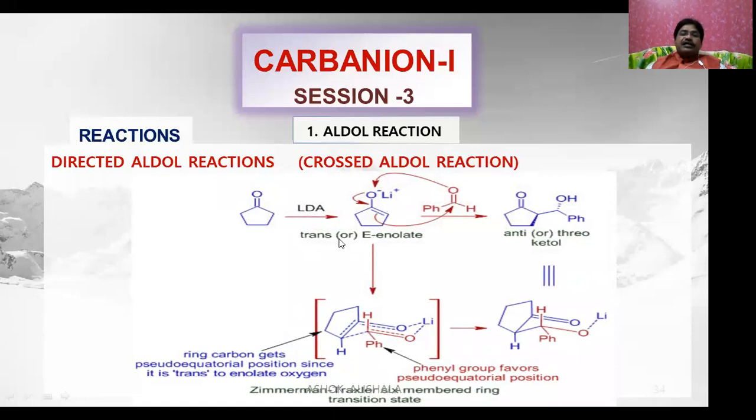It is a trans or E enolate ion, which forms the Zimmerman-Traxler six-membered ring. The ring carbon takes the pseudo-equatorial position since it is trans to the enolate oxygen, and this gives the anti or threo ketol in this case.